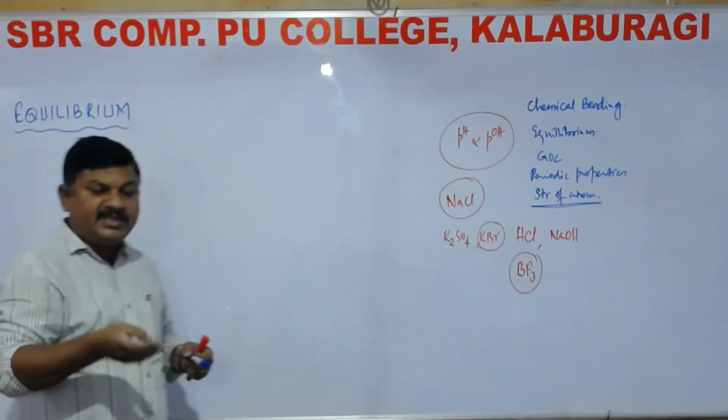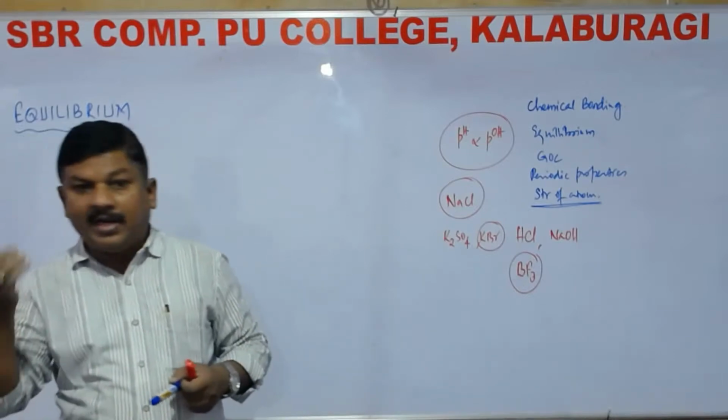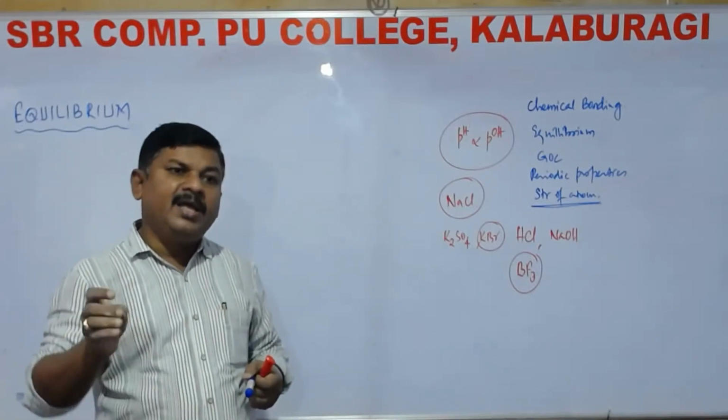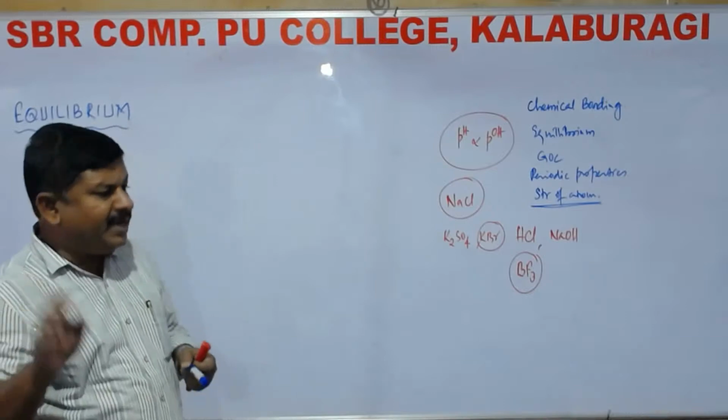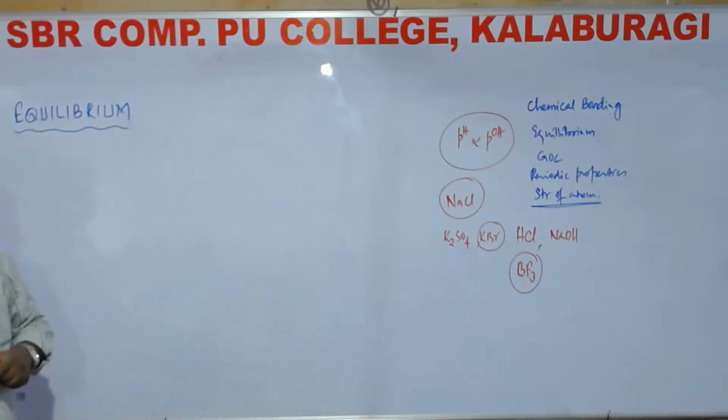Observable properties means either temperature, or color of the corresponding compound, or some other particular properties. Wherever it remains constant, that particular state of the reaction is commonly called what? Equilibrium. Actually that is not the definition, it is a simple way to understand what is the meaning of equilibrium.